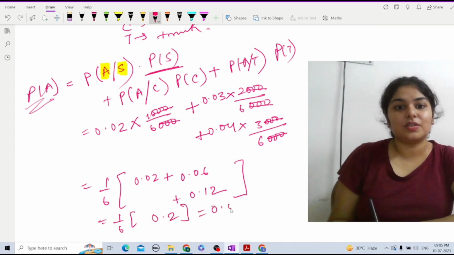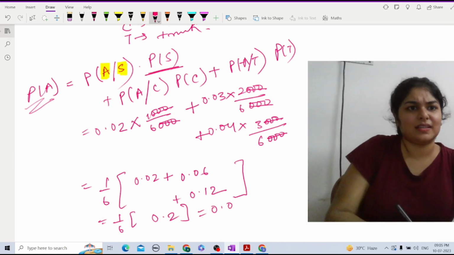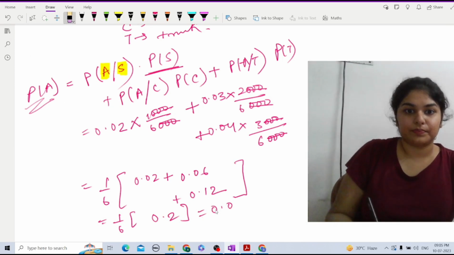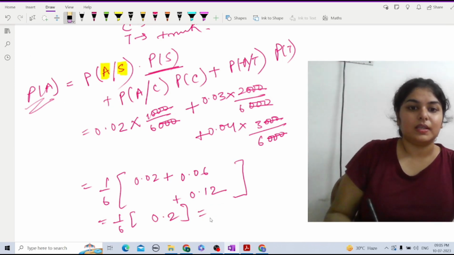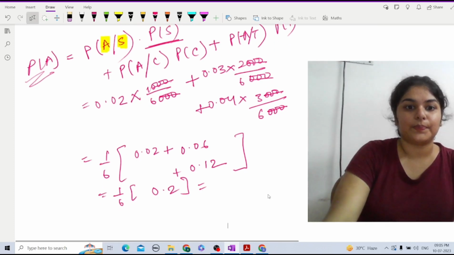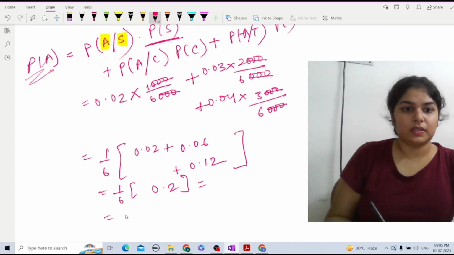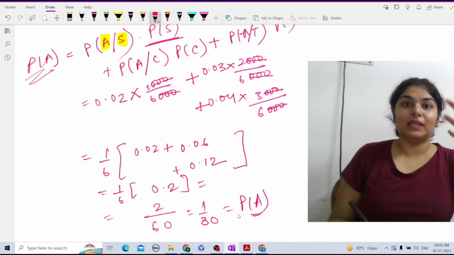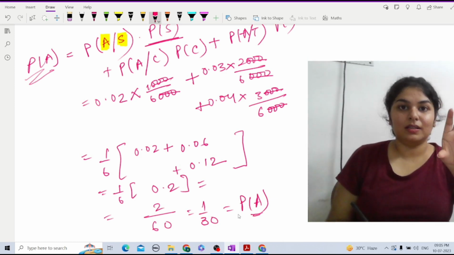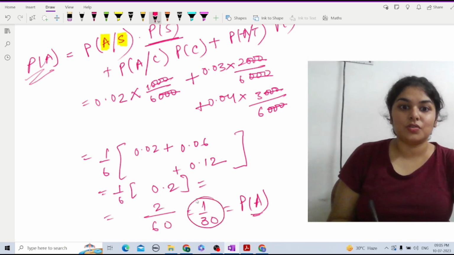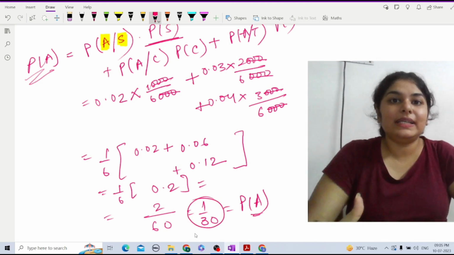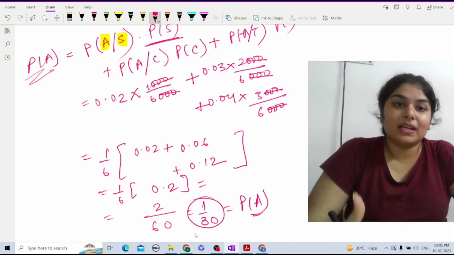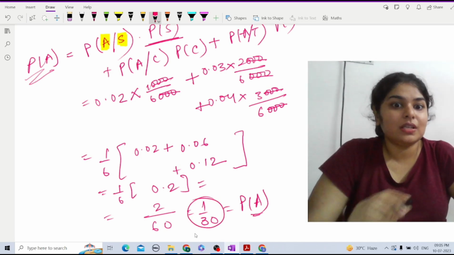Okay, let us keep it this way. That is PA, or we can simplify this like this, 2 by 60 is equal to 1 by 30. So this is PA, okay. That is probability that the vehicle meeting accident is insured is how much? 1 by 30, okay. Probability that the vehicle meeting an accident is insured is 1 by 30.